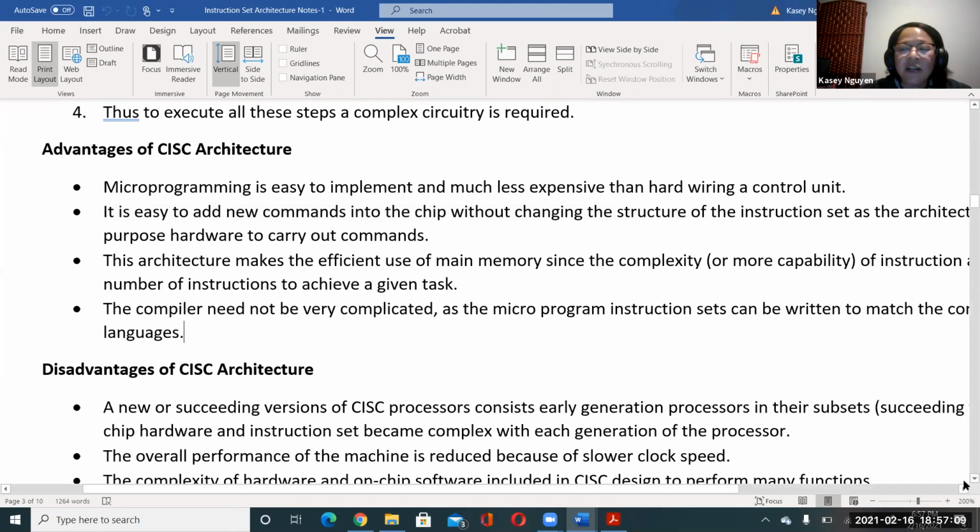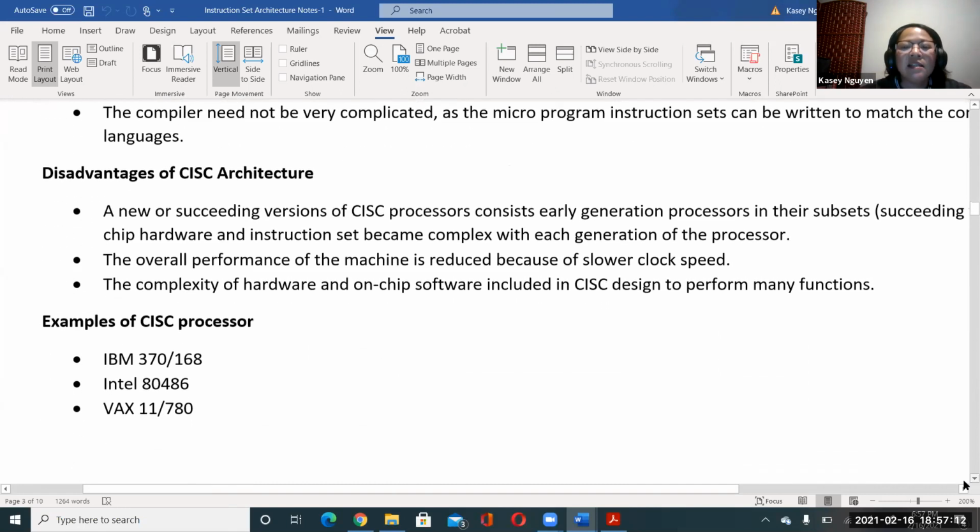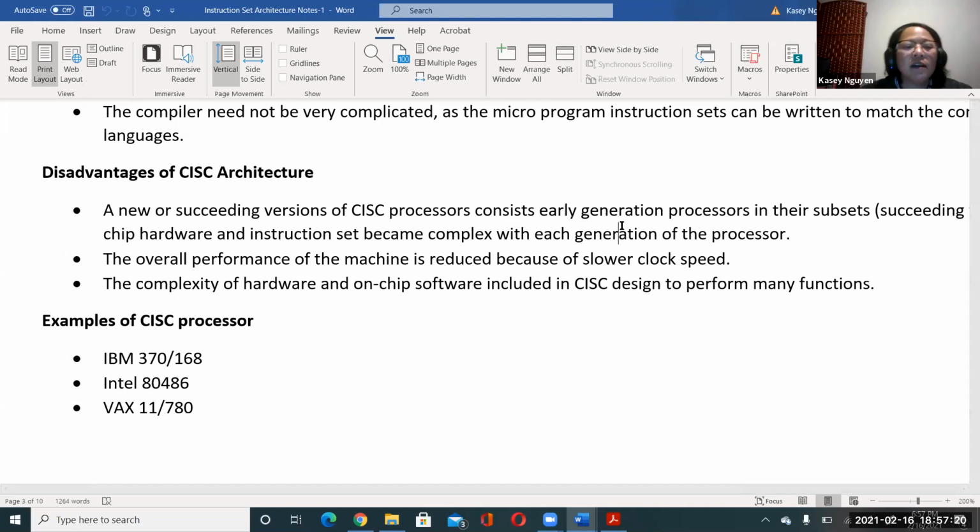The disadvantage of CISC is that it is older and it requires subset instructions that are built into the actual chip hardware. It's also going to be slower, so you can't expect it to be very fast compared to RISC, which is still being used today with ARM, right?